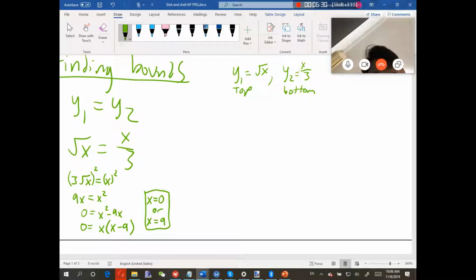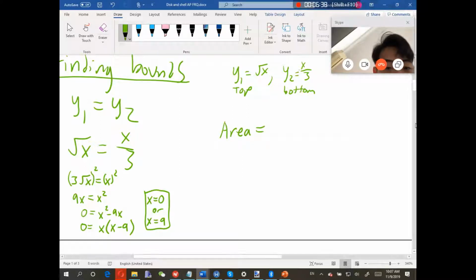Okay, so I think we have enough information now. If I want to find the area, what can I do? We're looking for the area between these two curves.